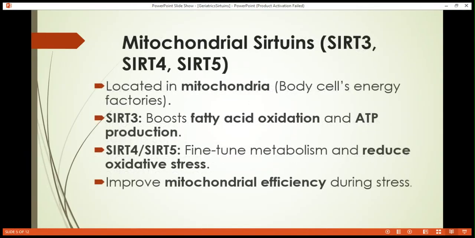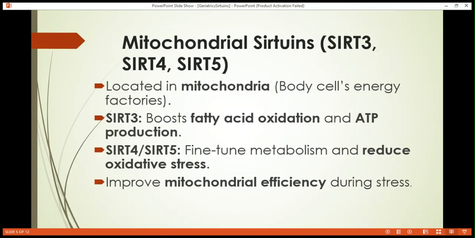So these Sirtuins are in groups. Let's start with the mitochondrial Sirtuins, which are Sirtuin 3, 4, and 5. These are located in mitochondria, which are body cells' energy factories. Sirtuin 3 boosts fatty acid oxidation and ATP production.